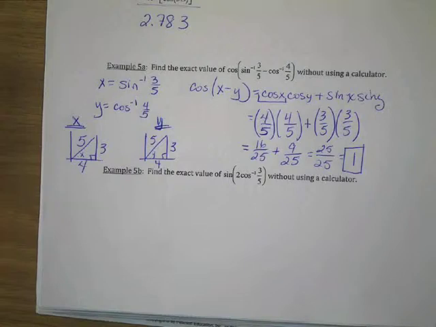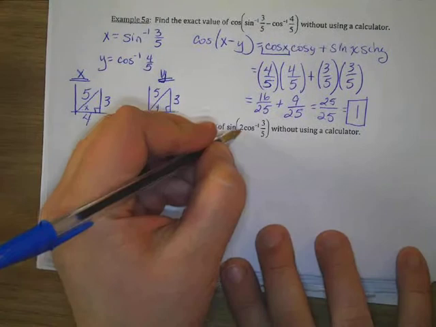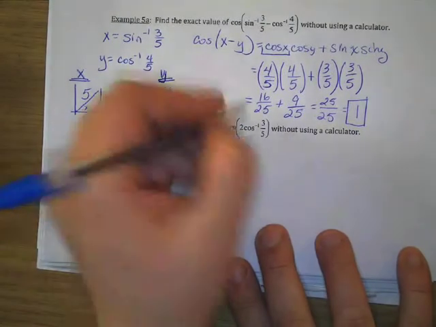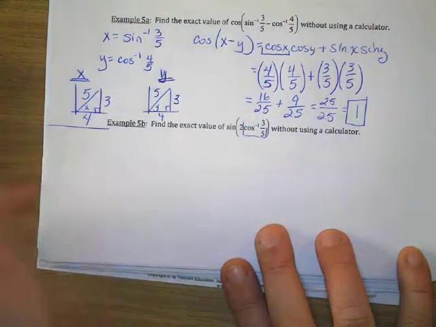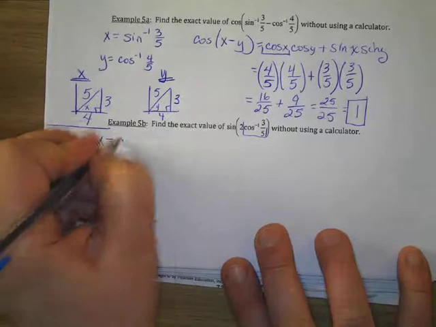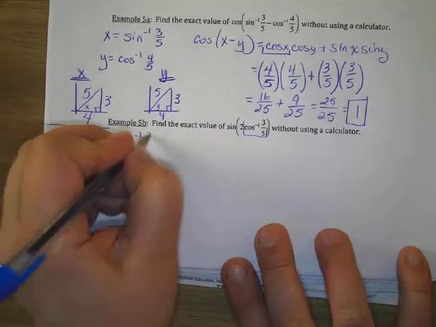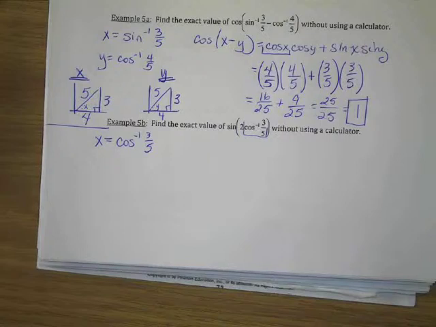Okay. So now for example B, it's the same idea. There is a 2 in here, but I'm not going to include the 2 with what I'm going to replace, just the inverse cosine. What am I going to let it be? X. I'm going to let x represent this. Notice I didn't include the 2. Just the inverse function. Is that okay?